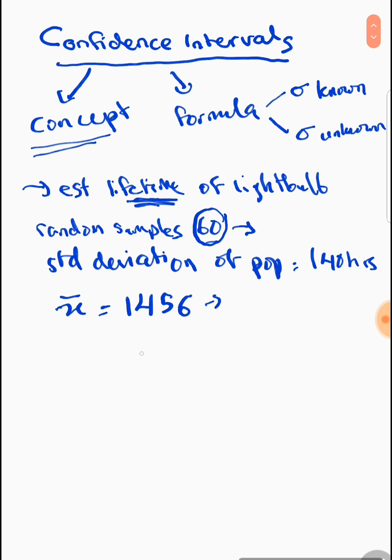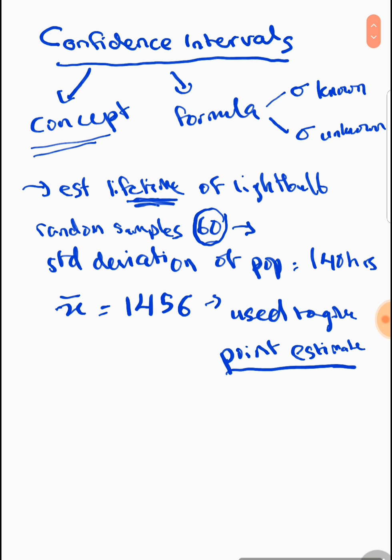This sample mean x bar of 1456 can be used to give a point estimate of a population mean mu. Basically, what's a point estimate? It estimates a population parameter, because we base this sample to infer a parameter, which is the average lifetime of the light bulb for the population.